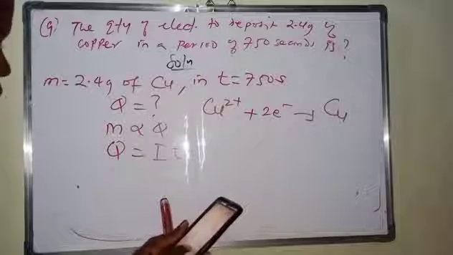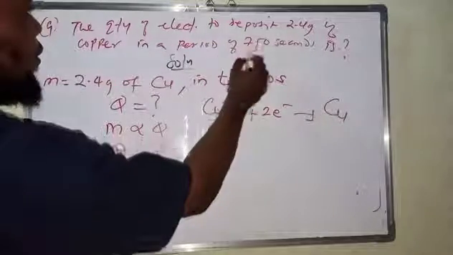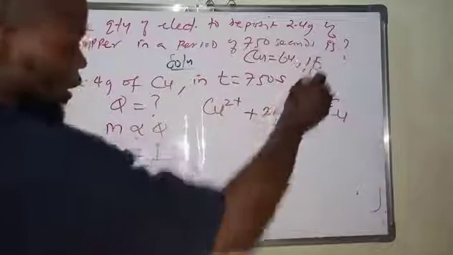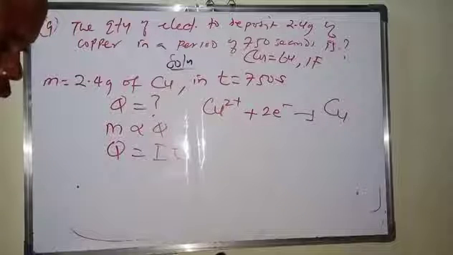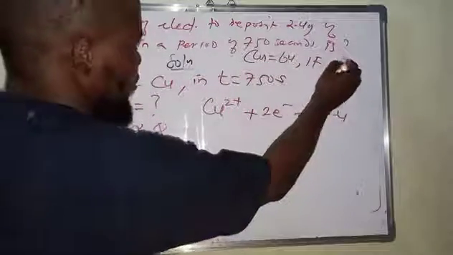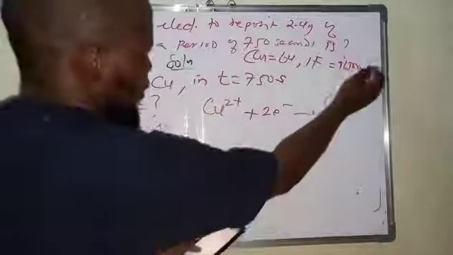Yes, the question says copper is equal to 64. And they tell you 1 Faraday, which you should already know, is 96500 coulomb per mole.